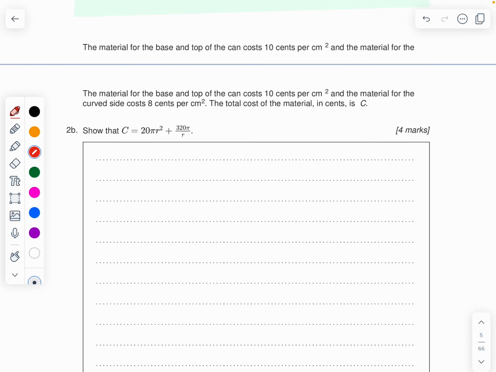The material for the base and the top of the can costs 10 cents per centimeter square. Base and top are in the form of a circle, so pi r square times 2, because there are two circles, one at the top, and it will be costing 10 cents. Plus the curved surface area.